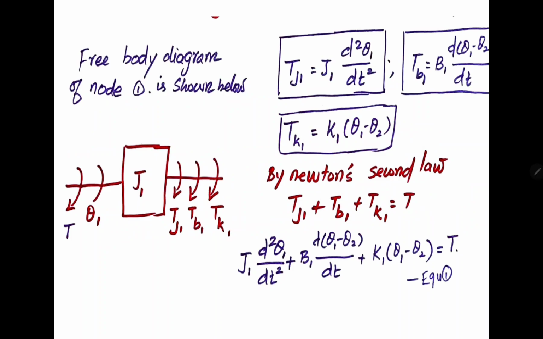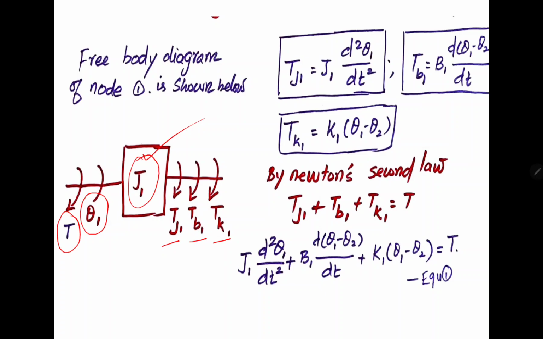So first we will take the first mass element J1. Moment of inertia is J1, torque supplied is T, and angular displacement is theta 1. The opposing torques are due to the moment of inertia, dashpot and spring.